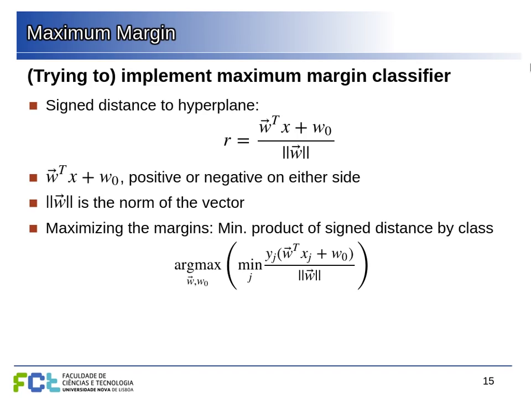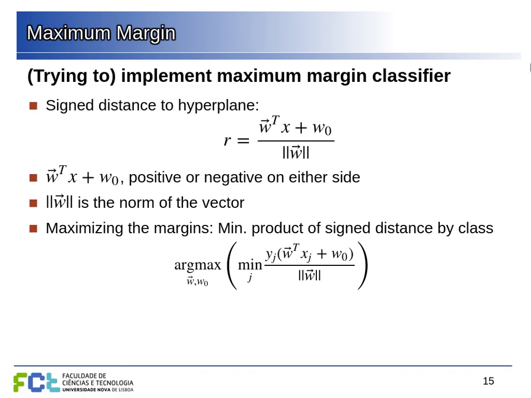So this will be the distance to the points that are correctly classified. The closest point will be the minimum of this distance. And since we want to maximize the margin, we can compute the minimum distance to all the points, and then we try to find the values for our discriminants, for the vectors, that maximize this value. So we want to maximize the minimum distance to the point.